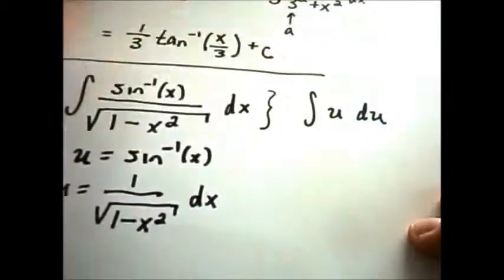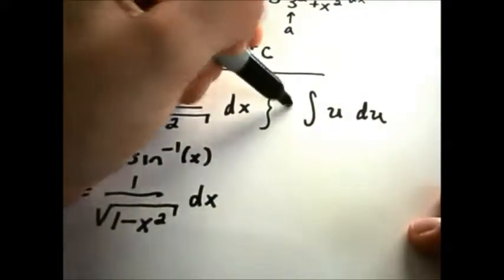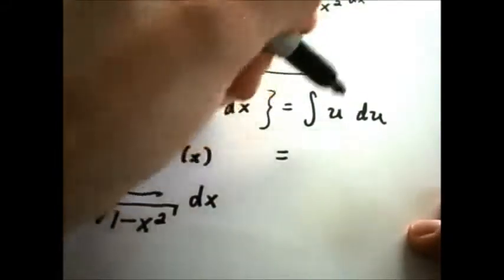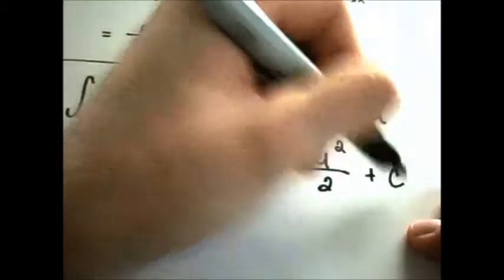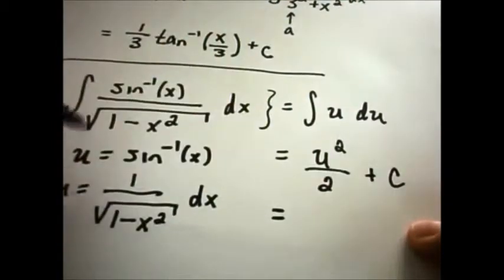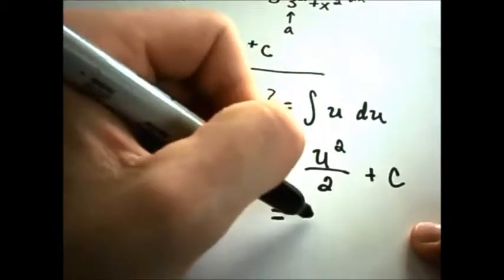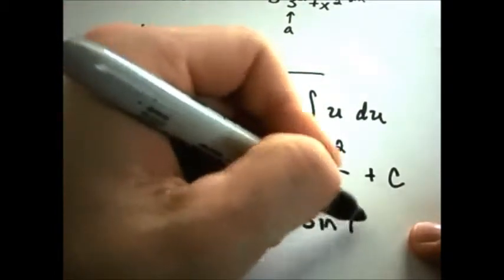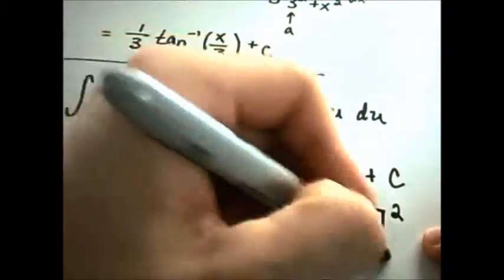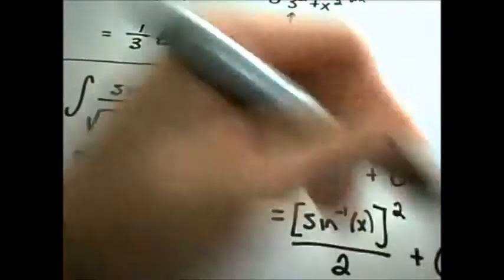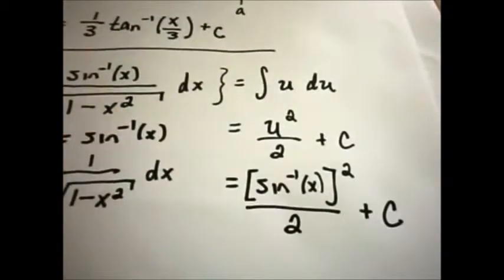Well, recall the derivative of arcsine is 1 over the square root of 1 minus x squared. So here we could simply do a u substitution, letting u equal arcsine of x. Du is going to be 1 over the square root of 1 minus x squared dx.